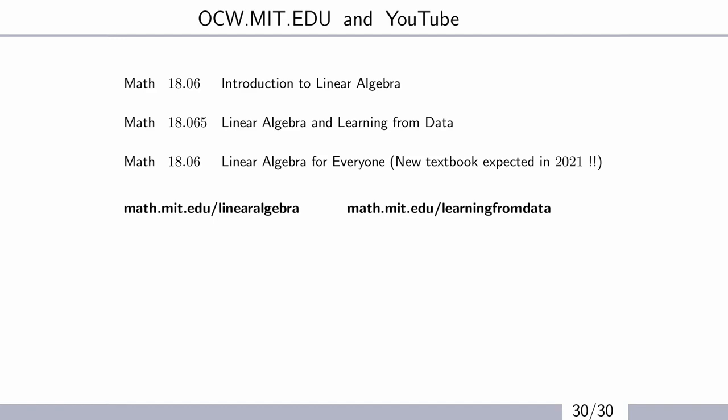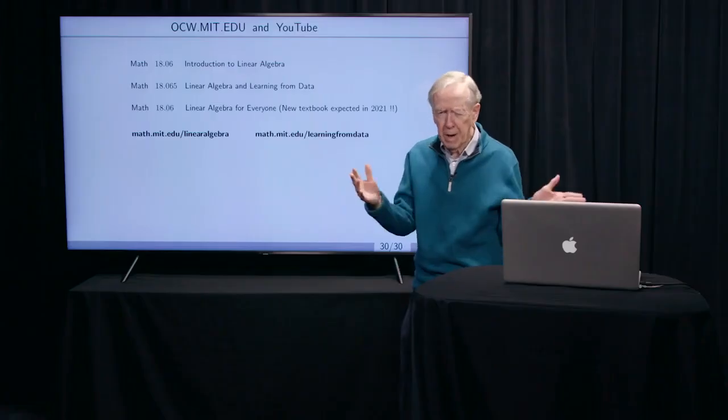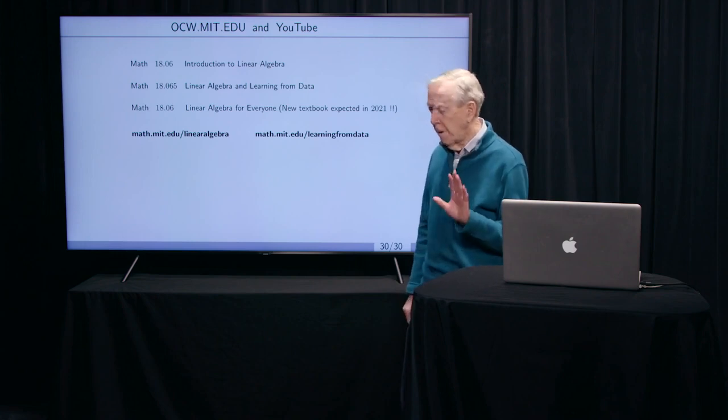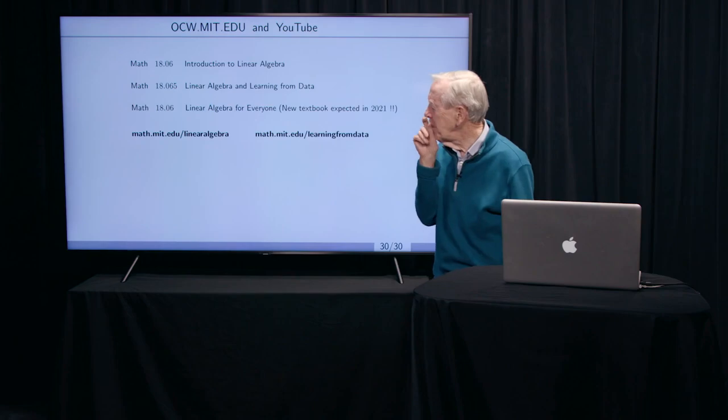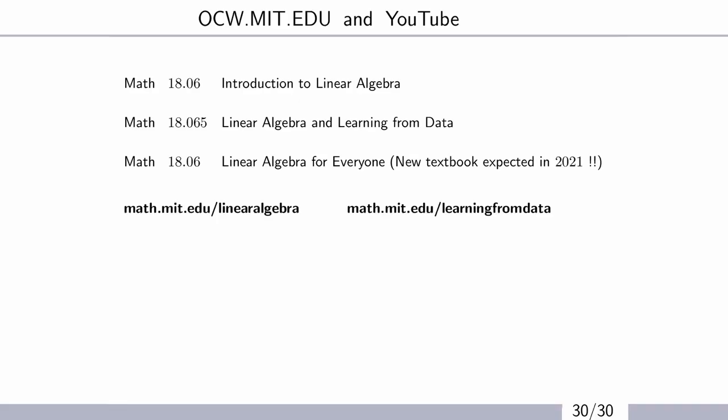And of course, it's tremendously important in industry now. Google and Facebook and so many companies need people who understand this. And then I'm repeating 18.06 because there is this new book coming, I hope. I did some more this morning. Linear Algebra for Everyone.